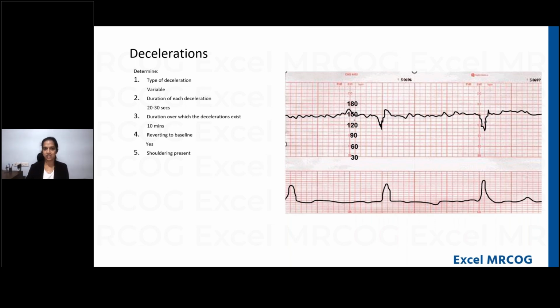It means that there is initially venous compression, then arterial compression, and while the contraction is passing away, the veins remain compressed more easily as compared to the artery, which is why you have the decrease in the preload, and that results in increased adrenaline and tachycardia in the fetus. So that is the shouldering. That means the fetus is able to respond to the compression, so it is a reassuring sign.